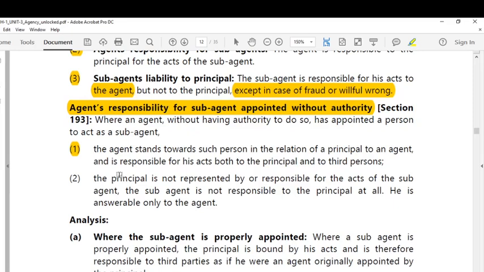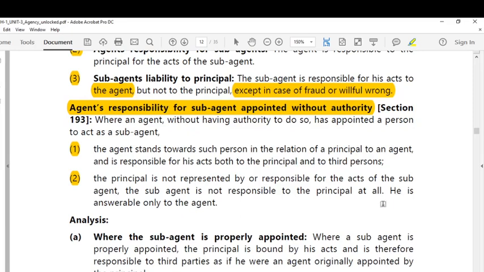Here the agent will be like a principal to the subagent and he is responsible to the third persons. And the principal is not represented by or responsible for the acts of the subagent. The subagent is not responsible to the principal at all. He is answerable only to the agent.